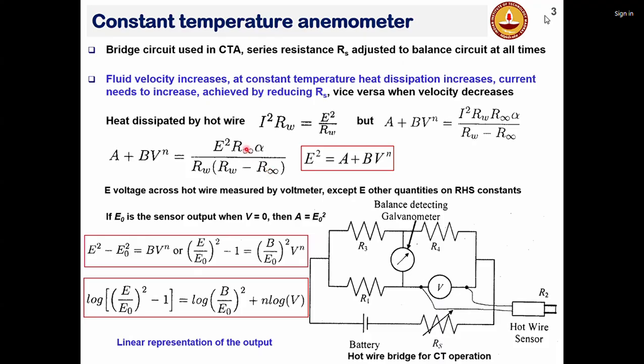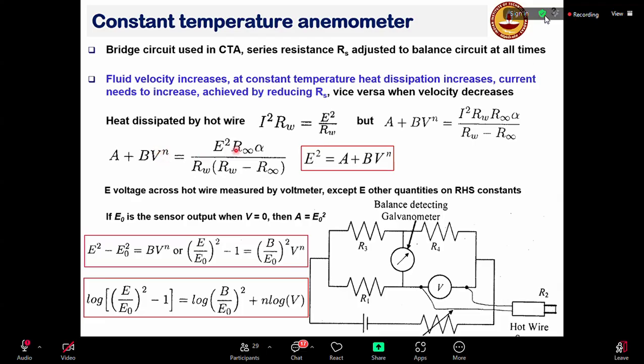The reference temperature resistance, and the resistance of the wire, because the temperature is held constant, the resistance of the wire will be held constant. So you can see that velocity is only a function of E. E is the variable here.